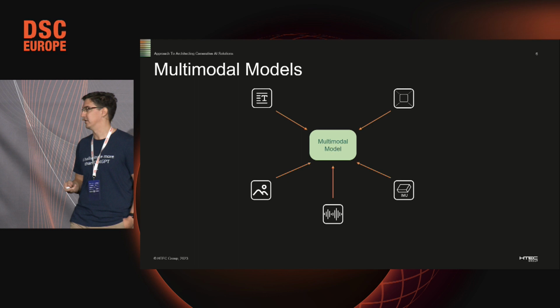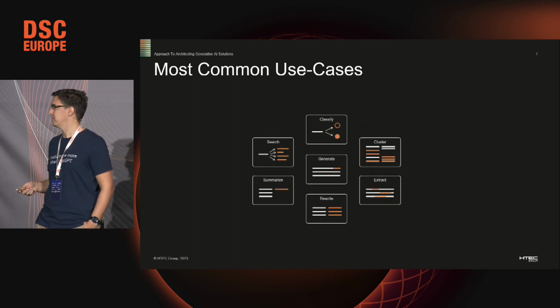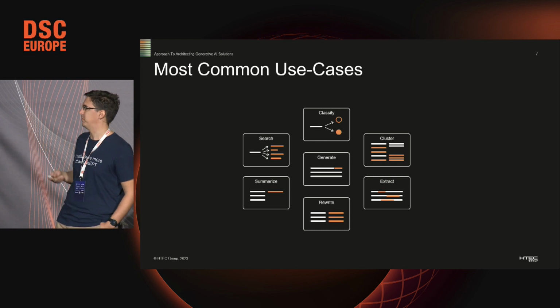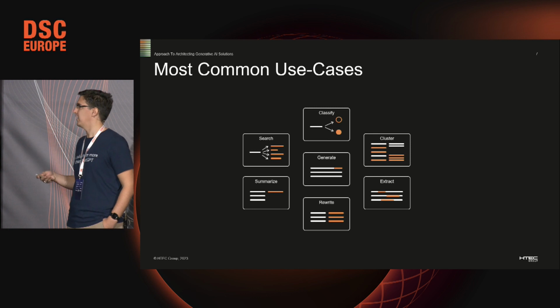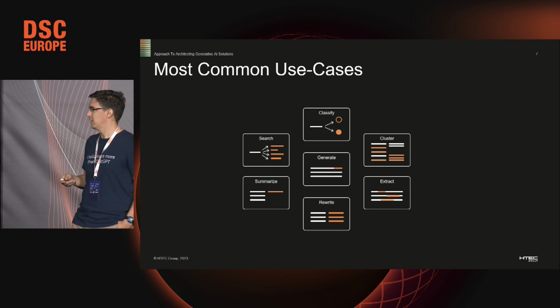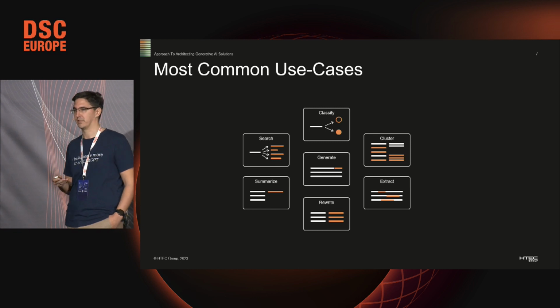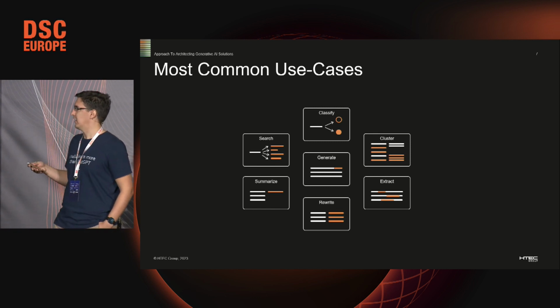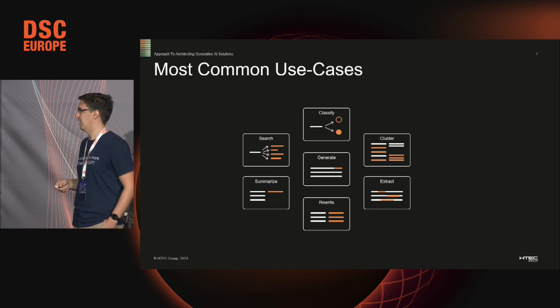The most common use cases that we can have with building these NLP-based and textual-based solutions with generative AI are these listed here. Most of these things you already know, so I won't go into details, but the idea is to be aware of what you can do with the systems right now.